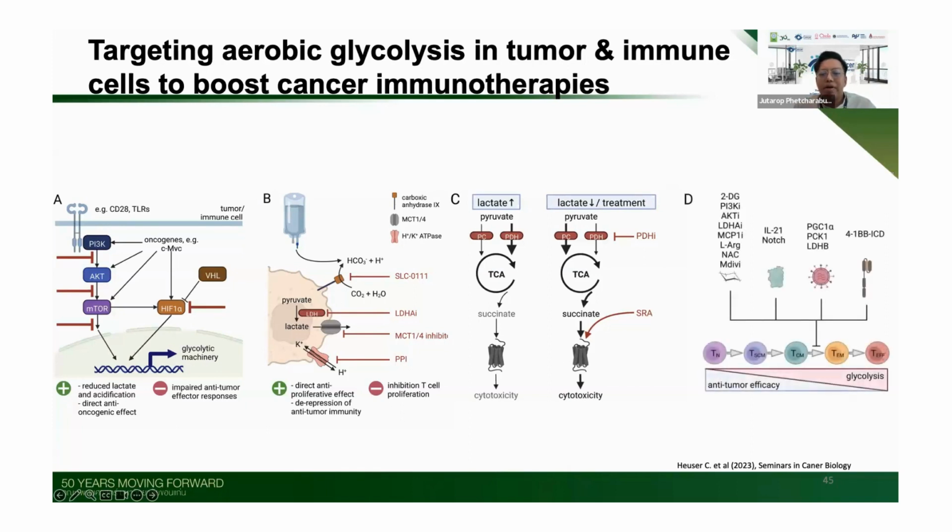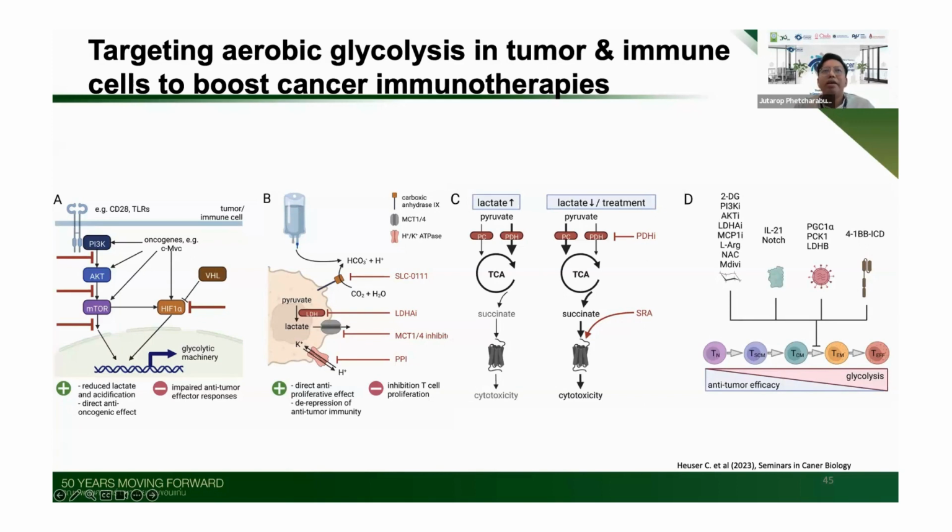And last but not least, figure D here shows the targeting of aerobic glycolysis to enhance T cell fitness for adoptive cell therapies. This schematic diagram shows the direct and indirect inhibition of the aerobic glycolysis by small molecules, cytokines, transmembrane ligands, overexpression of the metabolic regulators, or by the selection of the chimeric antigen receptor constructs that engage oxidative phosphorylation, which can be used to promote the generation of stem-like T cells that exhibit increased anti-tumor function.